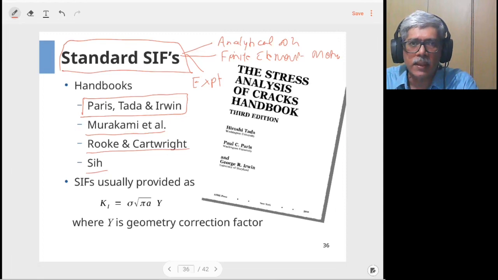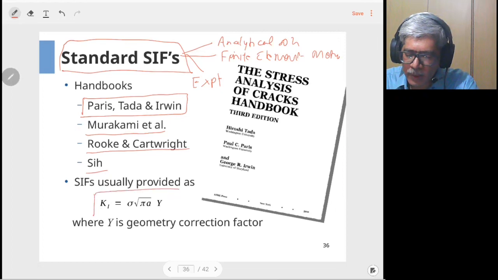So if your case doesn't get covered by most of these, which should be 90% of cases, then you will have to do your own analysis and obtain these stress intensity factors. But otherwise, most of the cases are available off the shelf. You can simply pick the formula for your case.